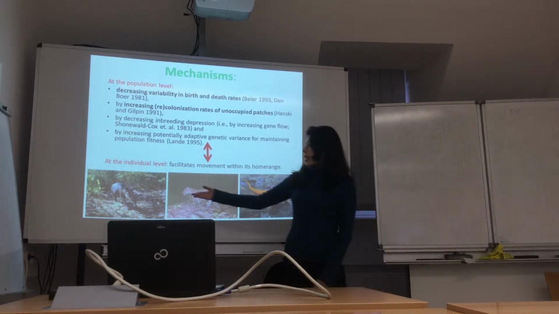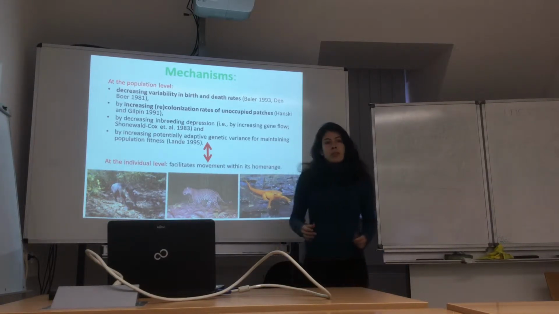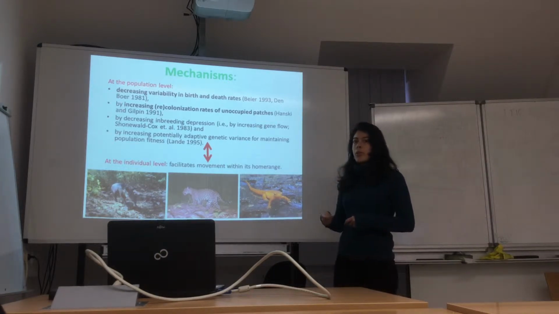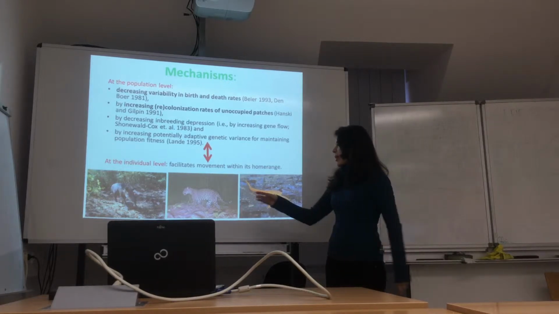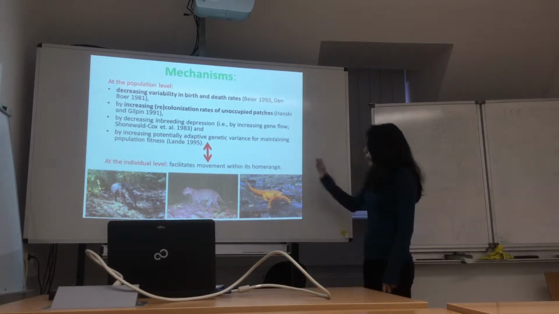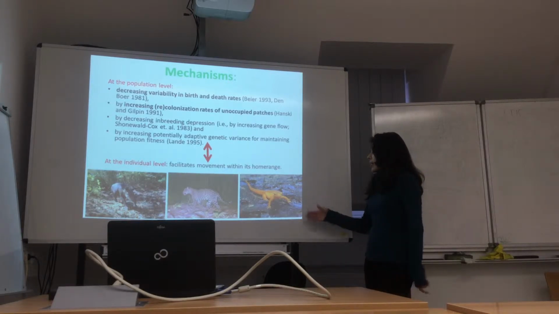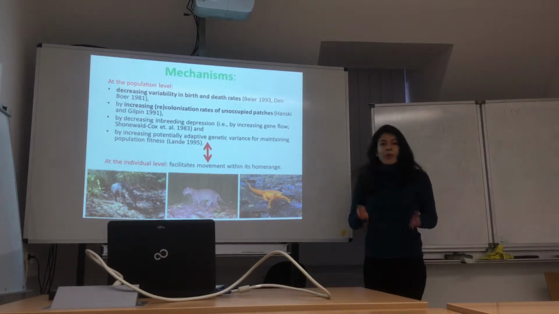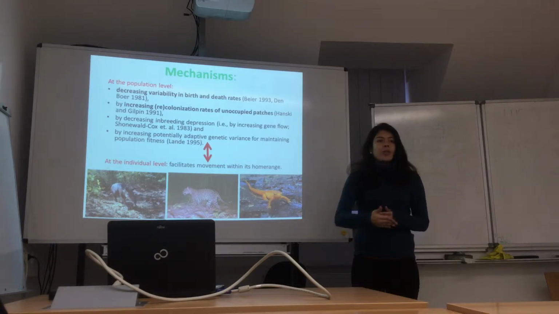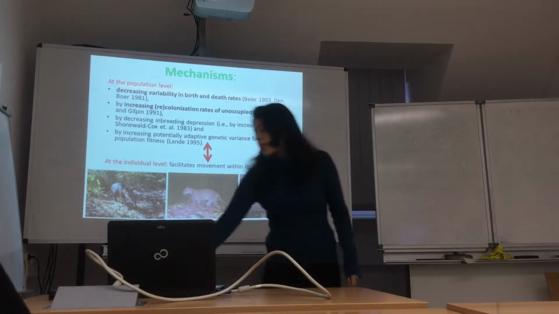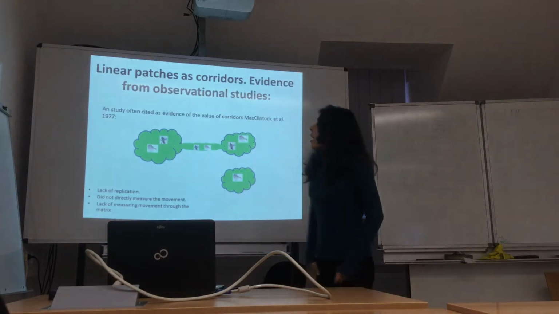For example, tropical species like tapir and jaguar sometimes really need this connectivity through corridors to achieve their normal home ranges, and a population is composed of just a few individuals. Or for migratory species, like the amphibian they give as an example, that has to move to a different habitat for another life stage. So they depend on the connectivity to do it.